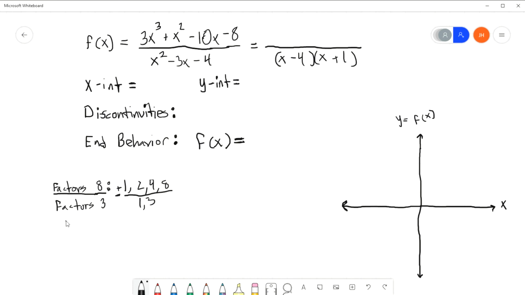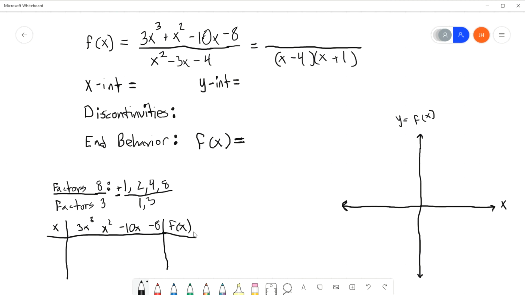And so what I'm going to do is create a little table where I will try out my values. So here I have x, and my terms are 3x cubed, x squared, minus 10x, minus 8, and we'll see what they add up to when I plug in these different values of x.